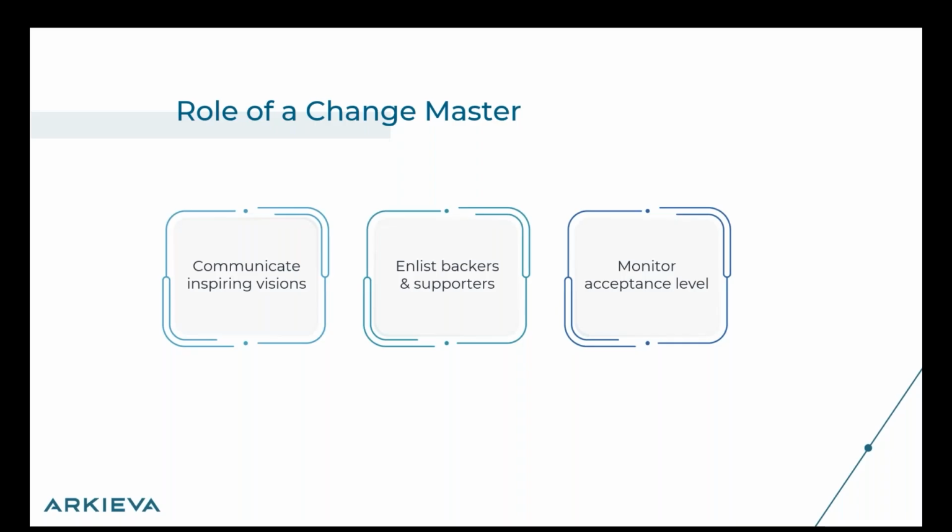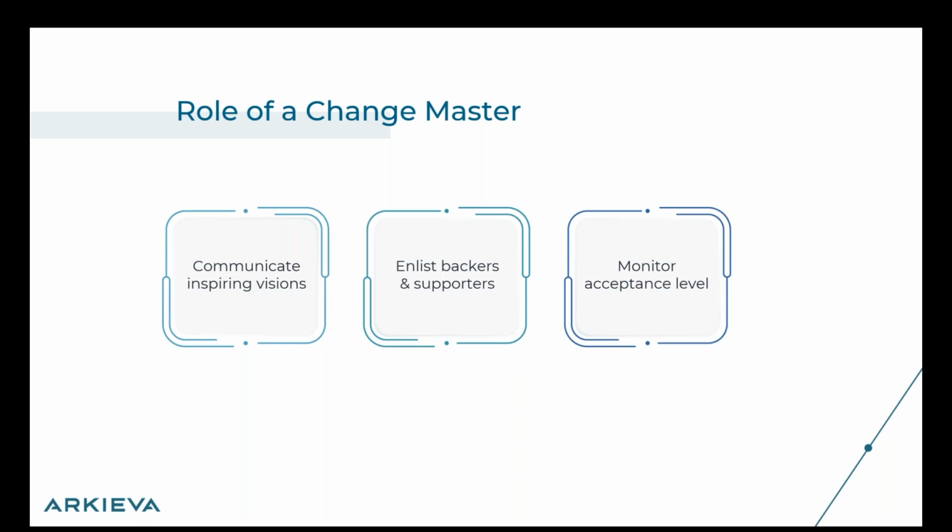All right, so since we talk a lot about change, we have to now think about a person who will manage or master or guide the change. You can call it project champion, change manager, change master, whatever terminology you like. This change master is a very important person in a project of this nature where we are talking about business transformation.